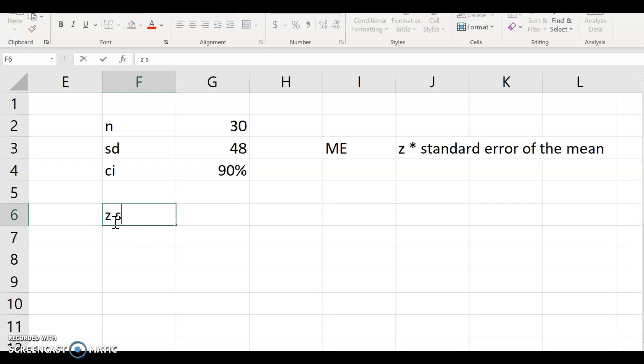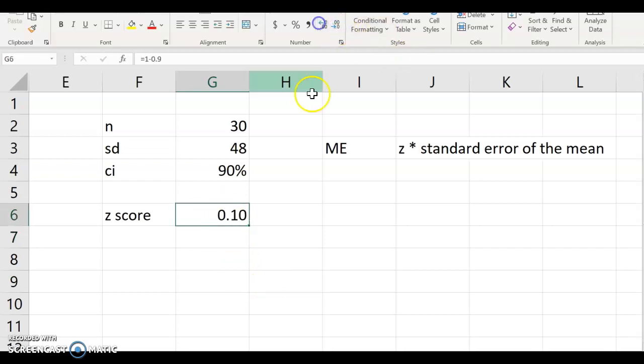So for your z-score, the way you're going to look it up, it's kind of like reverse phone lookup. Okay, so how you look up the phone number to find the person. Well, we're going to look up the probability to find the z-score. So what you have to do is, first of all, your level of significance is going to be equal to 1 minus 90%, which is 0.90, so 0.10.